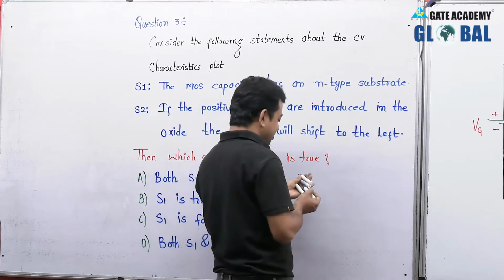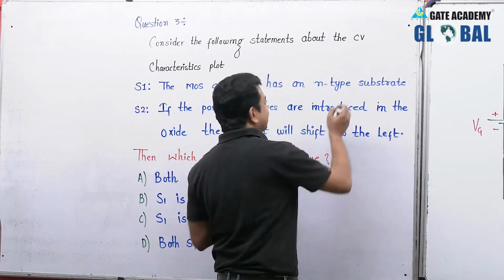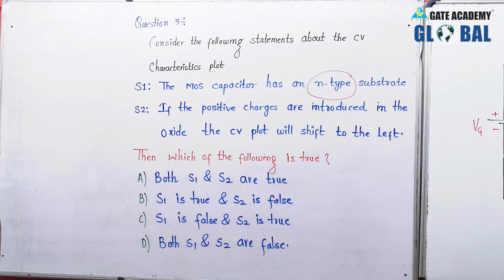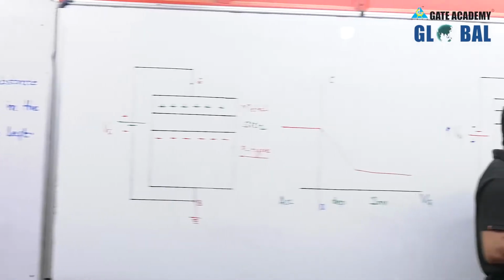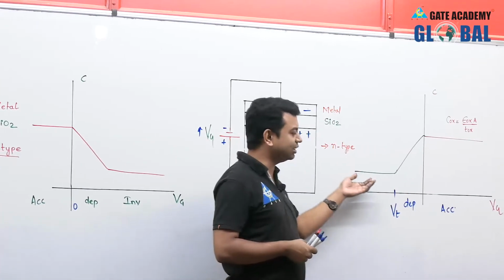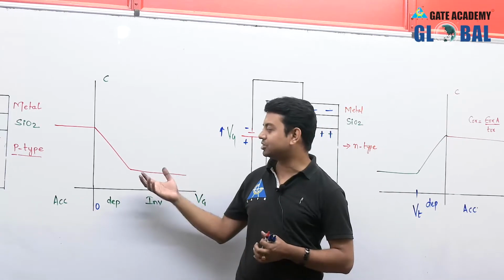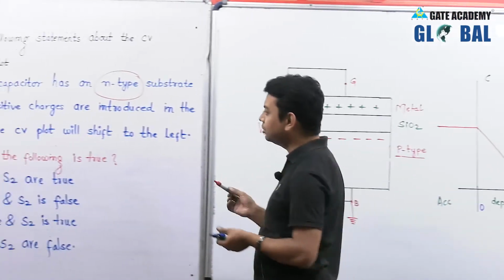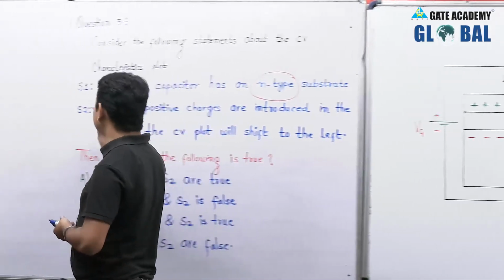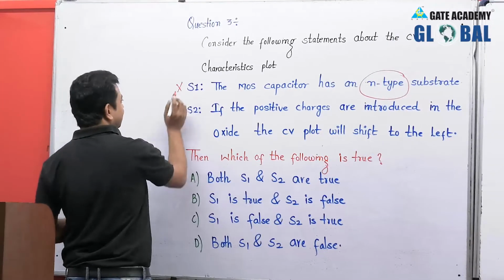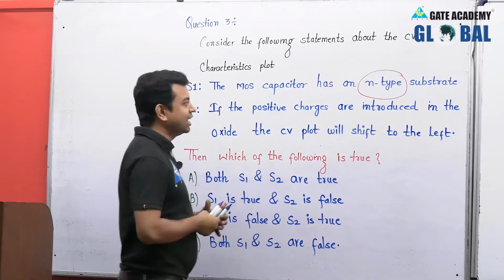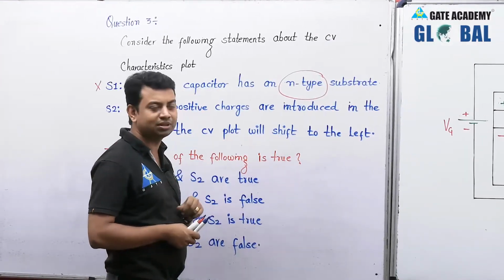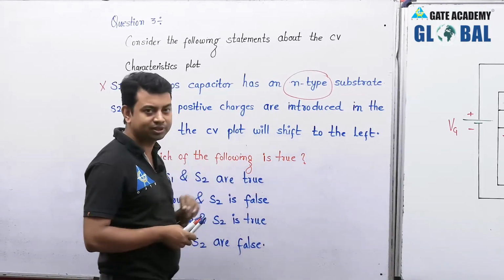If it is an N-type substrate, then the characteristic that has to be given is supposed to be like this, but it is not given in the question. The characteristic that is given in the question is this. That means this statement is wrong for this question. The characteristic does not match the N-type substrate. The characteristic is matching with the P-type substrate. Hence, this statement is false.